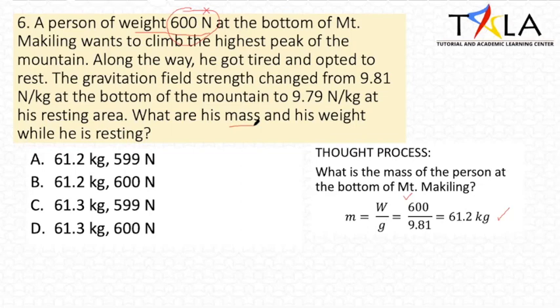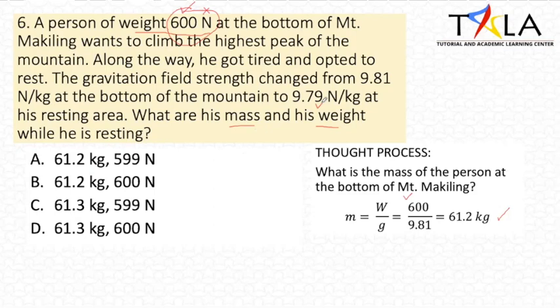Alright? Now, the next question is, what is his weight while he is resting? So, titingnan natin, ano yung weight niya? Original weight is 600 newtons, di ba? Pero, syempre, umaakyat na siya sa Mount Makiling. Pag umakyat na siya or he is at a higher position, bumababa na yung gravitational field strength, which, sabi nga dito sa problem natin, naging 9.79 newtons na lang.